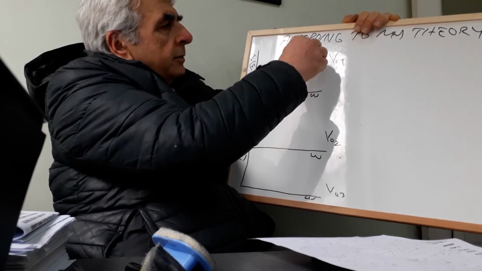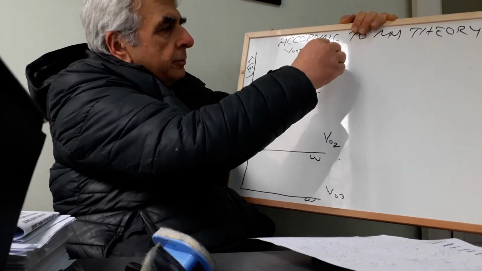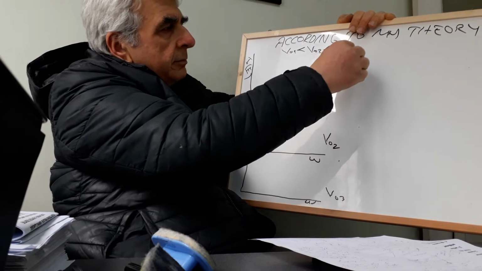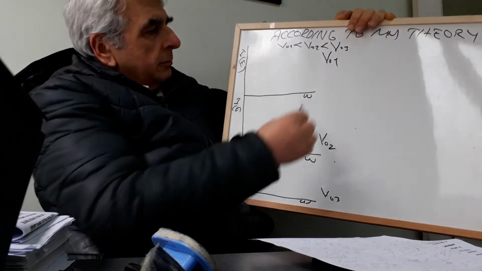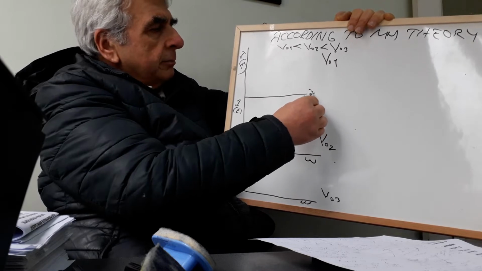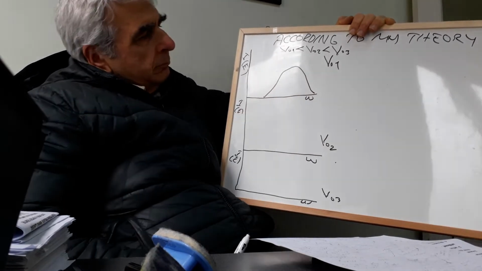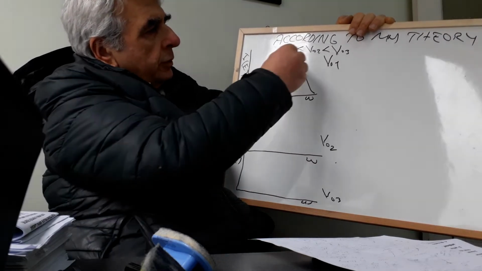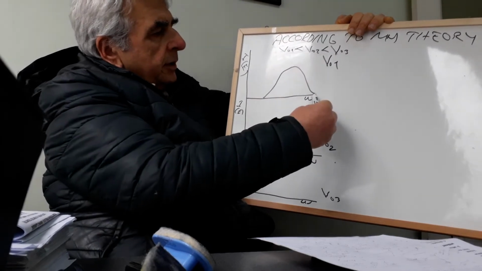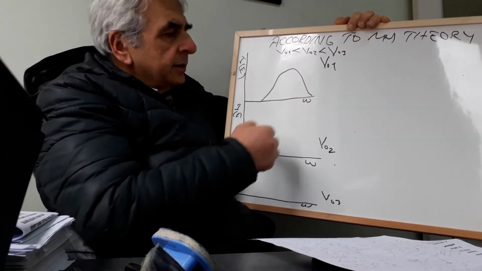Voltage 1 is smaller than voltage 2, and applied voltage 2 is smaller than voltage 3. Then, starting point here for voltage 1. This is the continuous spectrum according to my theory and my formulas.